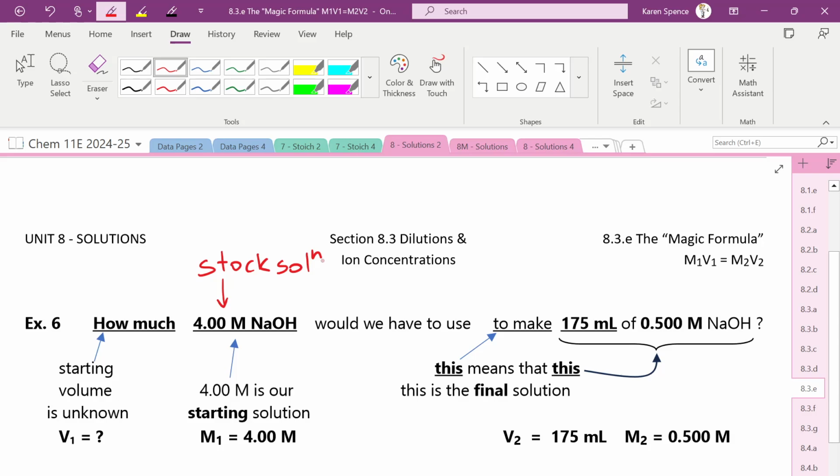And we want to know how much. So V1 is what we don't know. M1 is 4 molar. And we want to make 175 milliliters of 0.5 molar. So V2 is 175 mils. M2 is 0.5 molar.